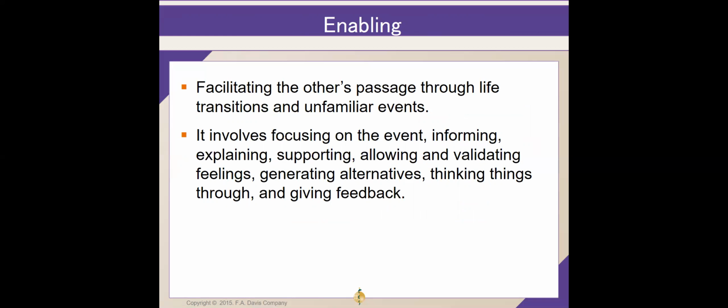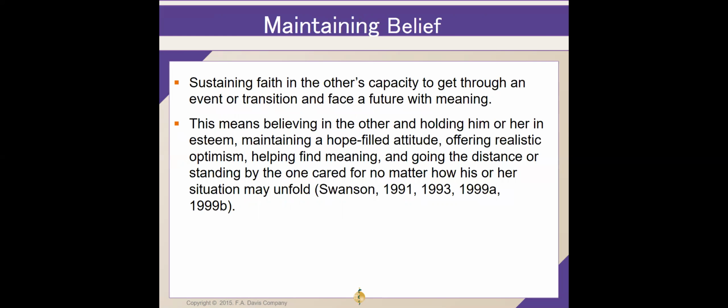It involves focusing on the event, informing, explaining, supporting, allowing, validating feelings, generating alternatives, thinking things through, and giving feedback. So this is not the enabling that we think of in a negative term, which enables poor behavior or unhealthy acts, but it is a facilitator in a supportive way.